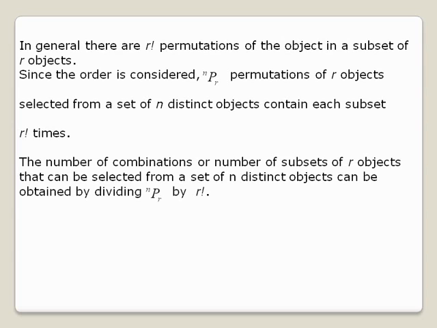The number of combinations, or number of subsets of R objects that can be selected from a set of n distinct objects, can be obtained by dividing nPr by R factorial. This result is denoted by nCr, or n combination R.